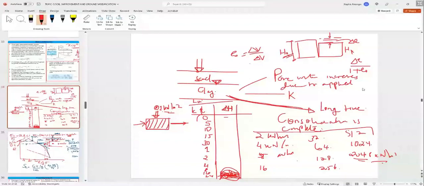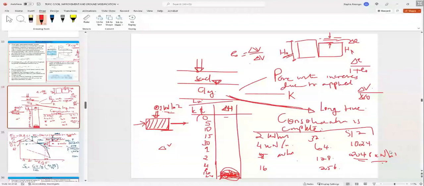Change in volume over the original volume. You have the diameter of the sample and height of the sample. So that gives you the void ratio after 24 hours.